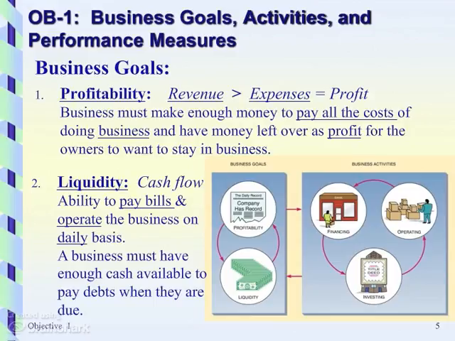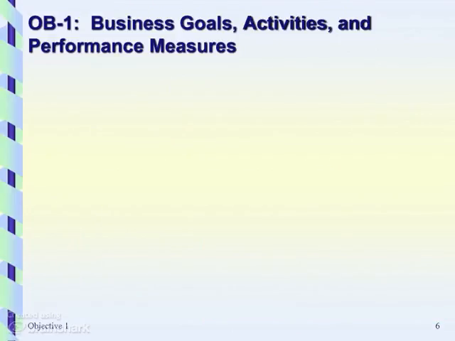We need to have cash in our pocket to be able to pay our bills. So those are the two primary goals of all businesses: profitability and liquidity. The goals of a business are basically achieved by pursuing whatever the activities are of that business.